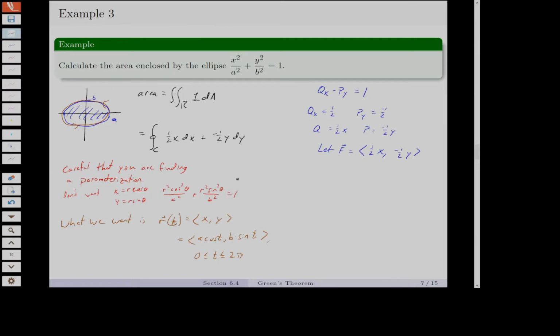Okay, so then I can rewrite my integral. Okay, and now we see, oh, we made a little mistake here. Remember, f is p comma q. Okay, so the p is negative 1/2 y, and the q is 1/2 x.